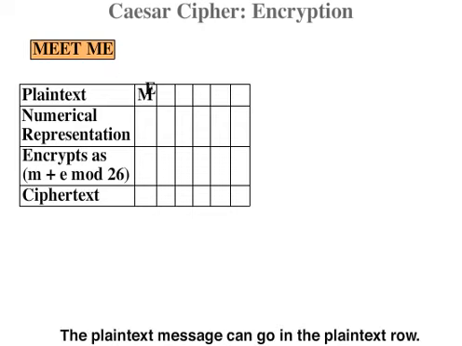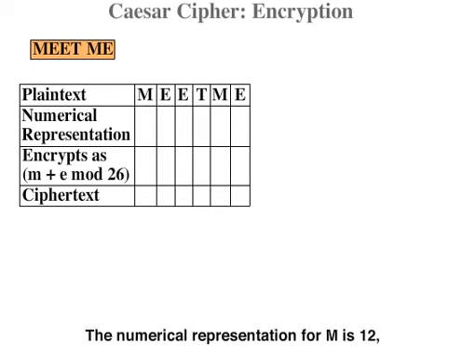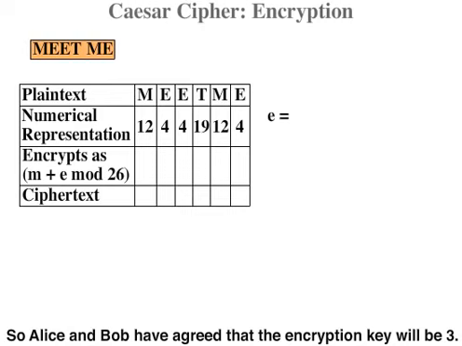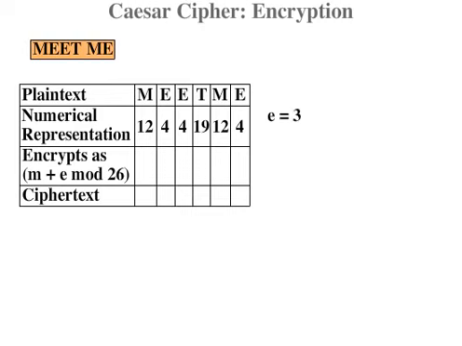The plain text message can go in the plain text row. The numerical representation for M is 12, E is 4, again E is 4, T is 19, M is 12 again, and E is 4. So Alice and Bob have agreed that the encryption key will be 3.